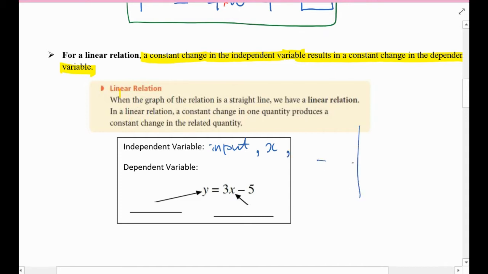When you draw x-axis and y-axis, x is horizontal variable, right? So you say horizontal variable is an independent variable. And dependent variable, y value changes depending on x, right?